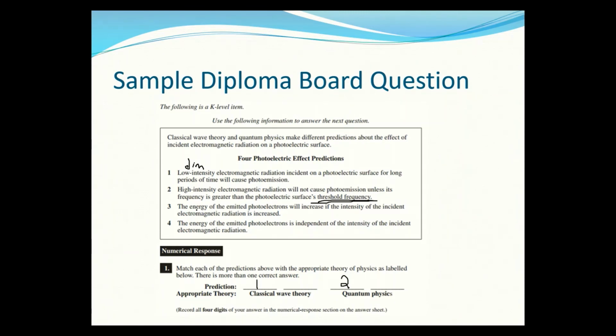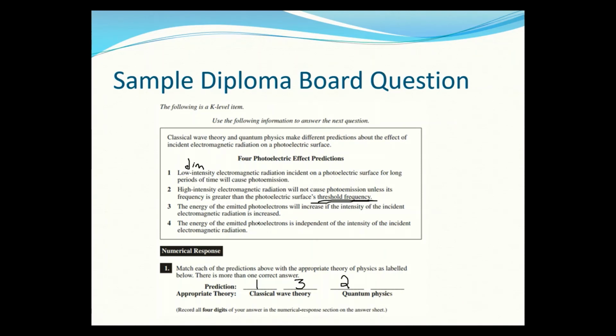For 3, the energy of the emitted photoelectrons will increase if the intensity of the light is increased. So if we do brighter light, we have more energy. So that is bigger waves, like in that wave demonstration, where bigger waves make them shoot off faster. That's classical wave theory. But what we actually see is if we do brighter light, we get more photoelectrons, but we don't get faster ones.